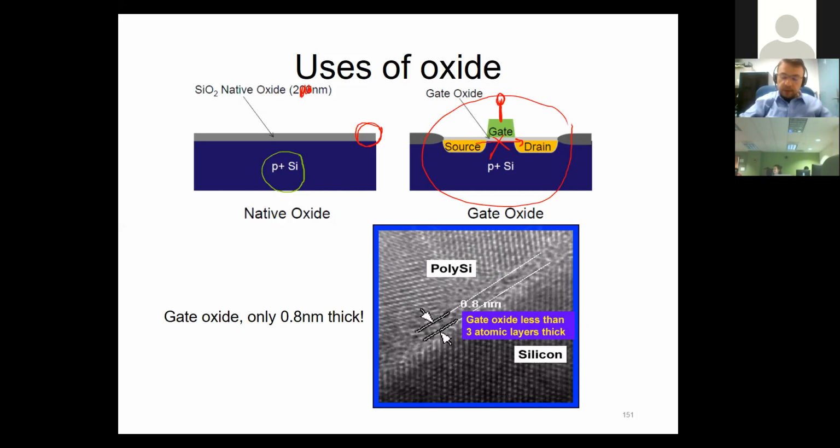In this case, this transistor as the fundamental block of all of our computation and all the science today, we need to have super good high quality gate oxides just underneath the gate. And the importance is, here is another electron microscope image. So you can see the thickness of the gate oxide here. It's only 0.8 nanometer thick, or 8 angstrom thick.